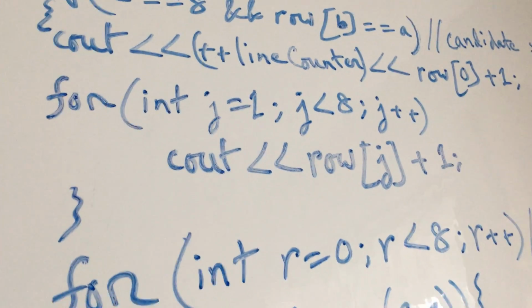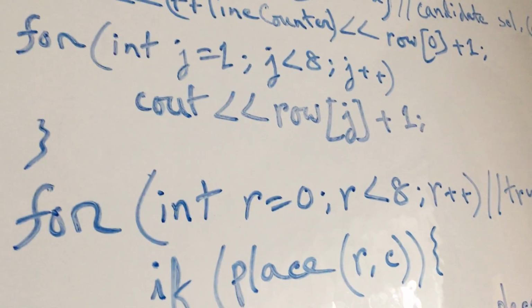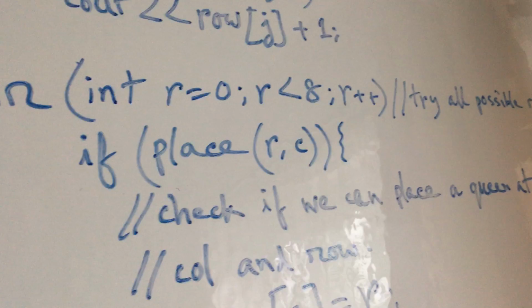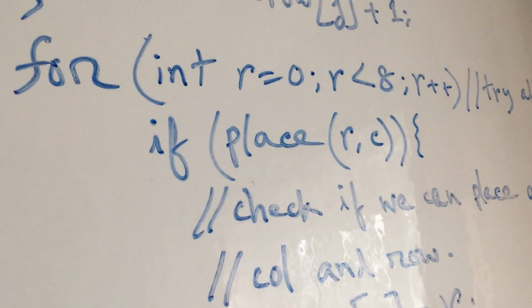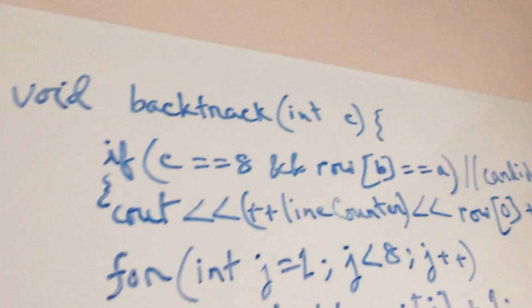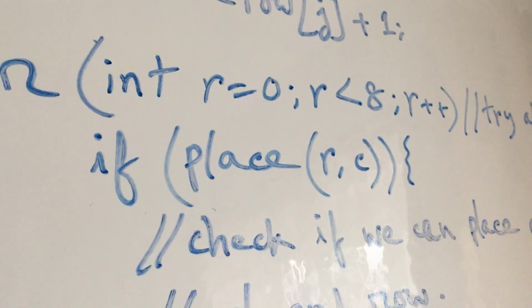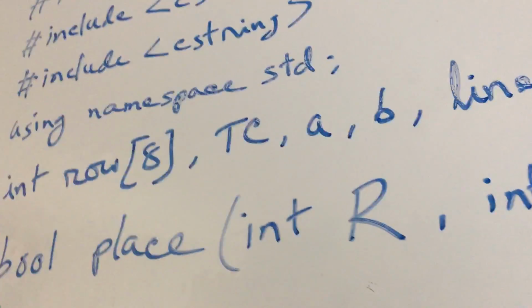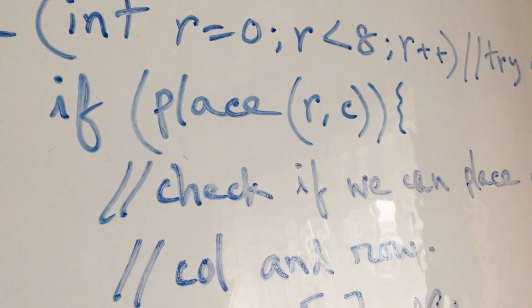Then we output the position of the queen, iteratively running through the array up to 1 to 8 rows, and similarly we check whether we can place that queen in that particular row and column. So we call that function placeRC.